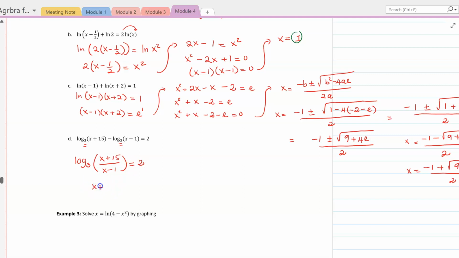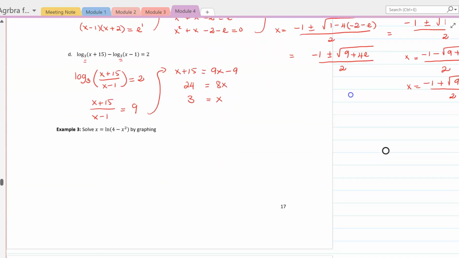This means x plus 15 divided by x minus 1 is equal to 3 to the second, that is 9. So x plus 15 equals 9x minus 9. So then 24 is equal to 8x. So x equals 3.